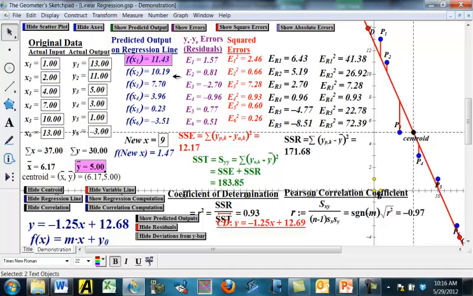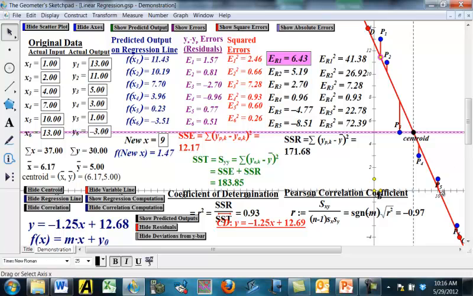That is the difference from a y predicted, subtract the y bar. That gives us this value here. So that's a distance here, a y distance from this point here straight down to this line here. So that distance there is the 6.43.